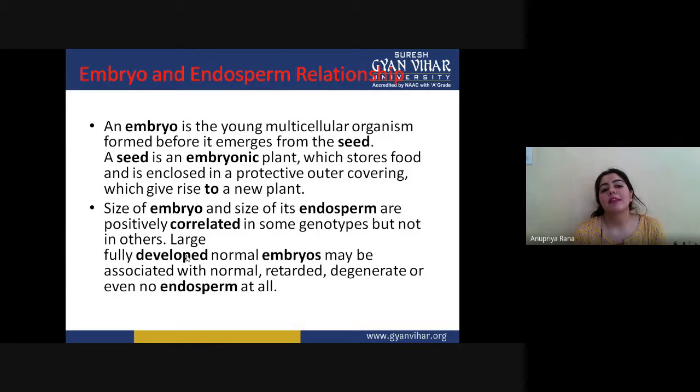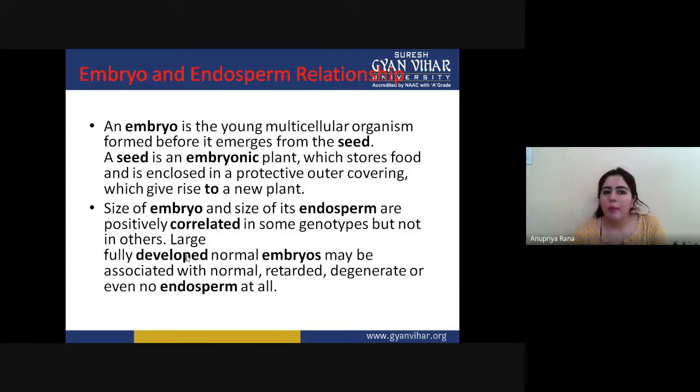So basically the seed is an embryonic plant which is going to be converted into a plant, but that plant needs a lot of energy or food, which it gets from the endosperm. The size of the embryo and the size of the endosperm are positively correlated. Why are they correlated?